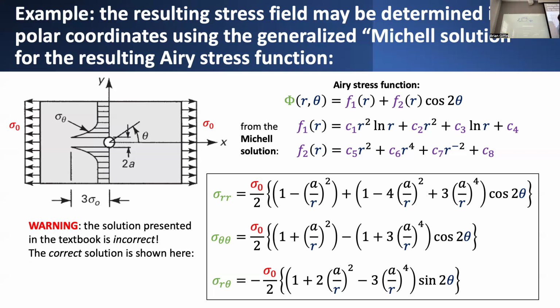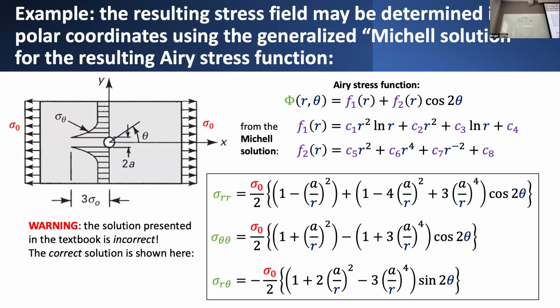And that's pretty cool. So really, a lot of methods for solving these plane stress problems in polar coordinates, especially, boil down to taking the work that Mitchell came up with to determine the general solution. It involves basically a summation of terms with these specific functional forms.